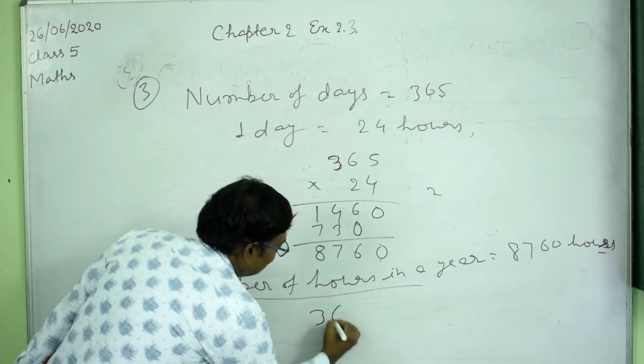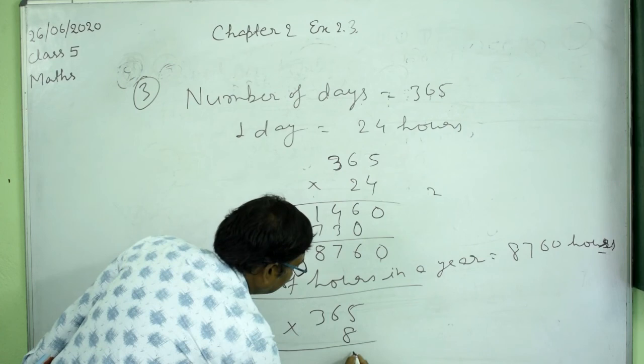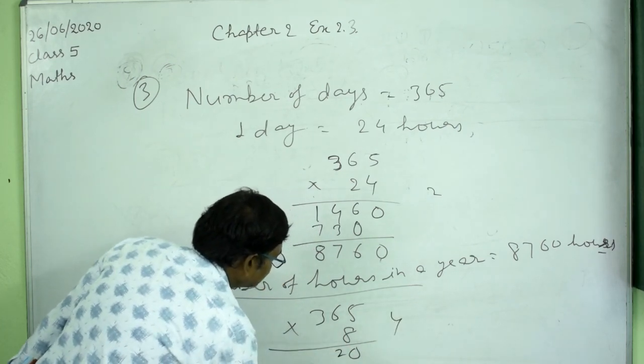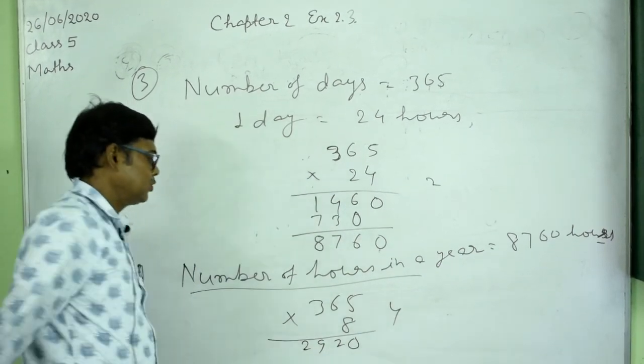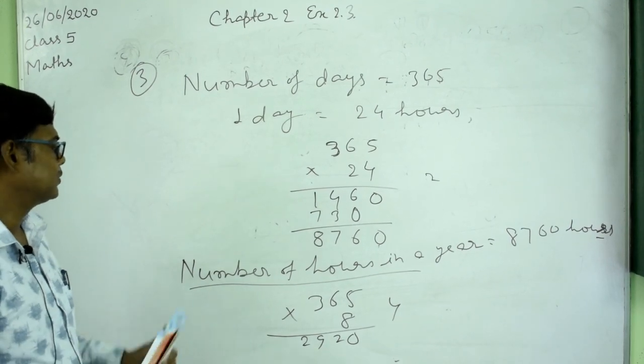So 365 into 8, so 8 fives are 40, then 4 and 2 here, so you sleep 2920 hours.